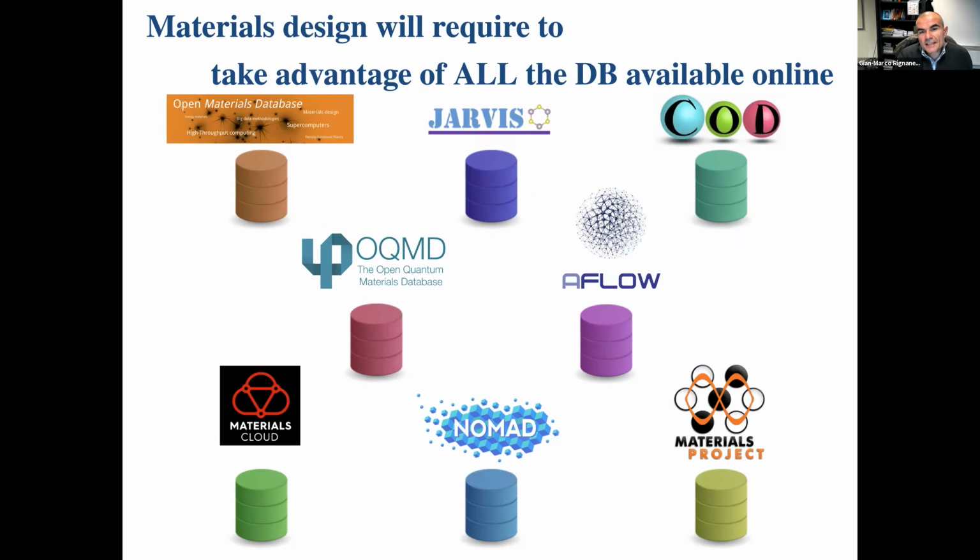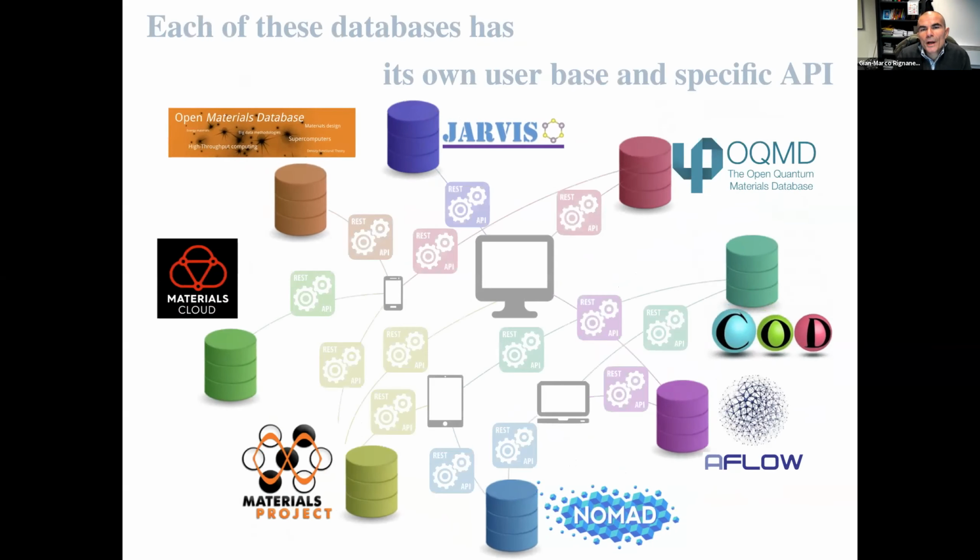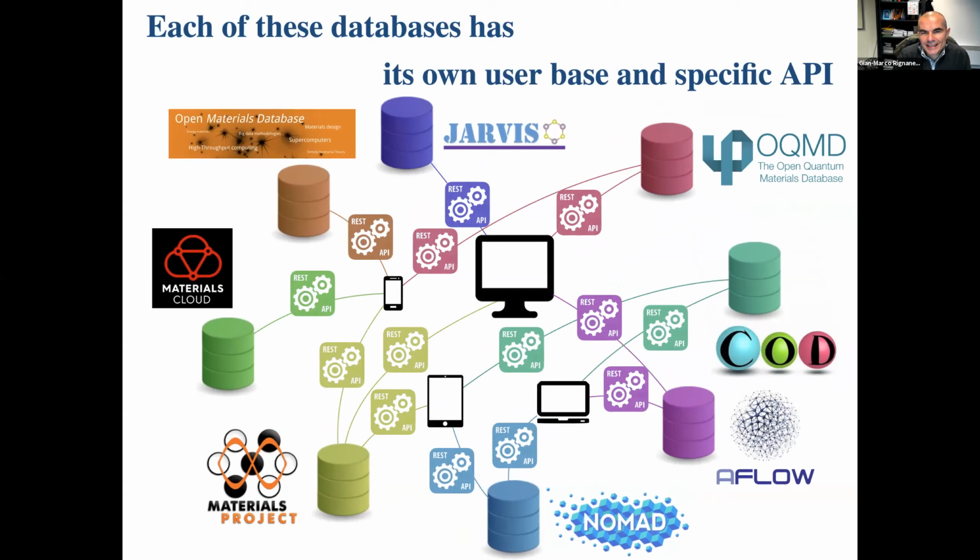One of the difficulties is that all these databases basically have their own way to be interrogated, what is called an API. The API is the way in which you make queries to the different databases. And each of them, till recently, had its specific API.